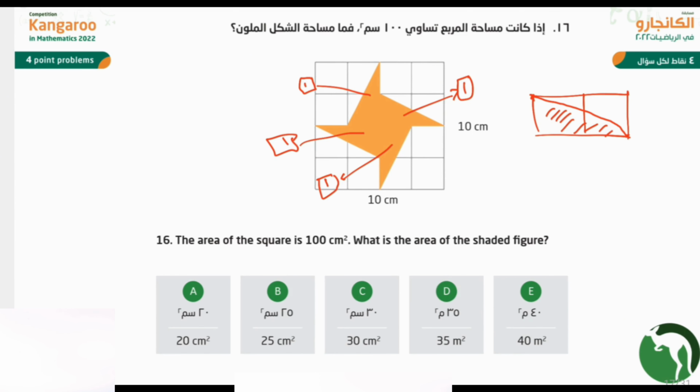So the required area is equal to 4 squares. We have in the question that all the 16 small squares are equal to 100 centimeters squared. So we need just 4 squares, so 4 squares is equal to 25 centimeters squared, and B is the correct answer.